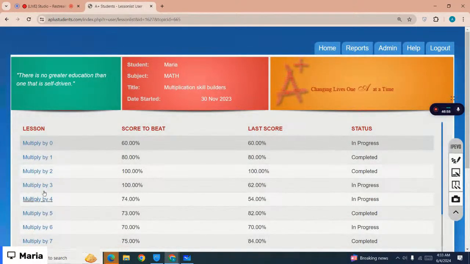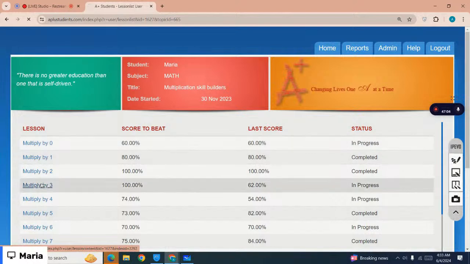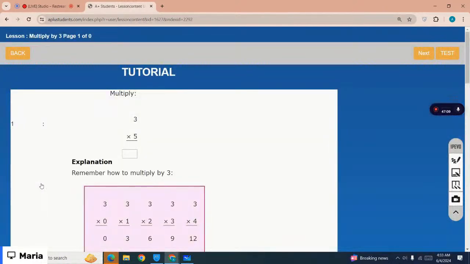The next lesson is multiply by 3. So let's just recall the times table for 3. Let's just start with the test questions.